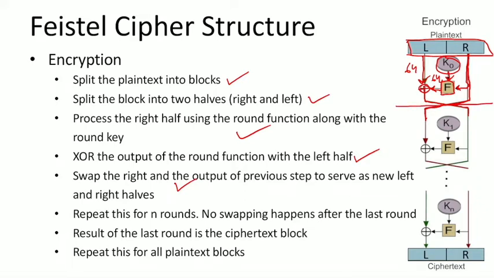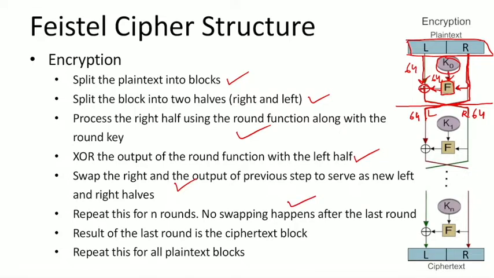So notice here, in this round we still have a 128-bit block. Let's assume that we are dealing with 128-bit blocks, so this is going to be a 64-bit left half and a 64-bit right half. Then we just keep repeating this process for n rounds.